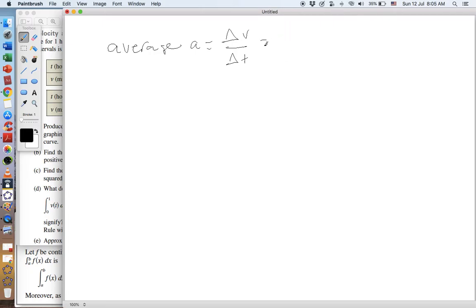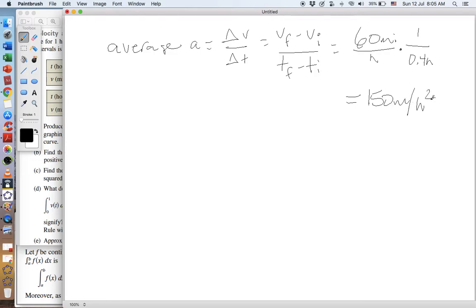And so we've got v final minus v initial over t final minus t initial. And we can say this equals 60 miles per hour over 0.4 hours, or 150 miles per hour.